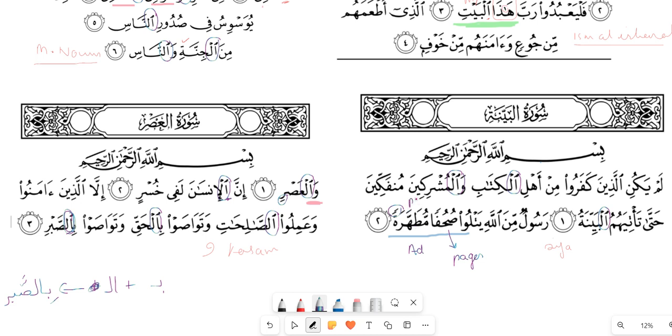So it's describing the suhuf. Now you can match all the points here. It's male, male, single, single, cases fatha, fatha, and nakira, nakira. All are matching. So mutahhara is the adjective for suhuf. So this is how it comes in the Quran.